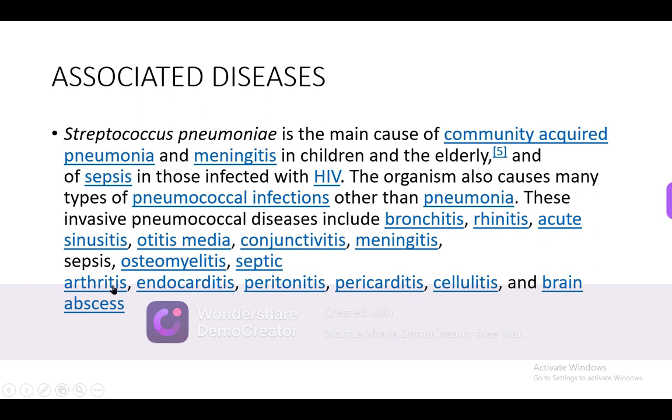Again, septic arthritis, endocarditis, peritonitis, pericarditis, cellulitis, and brain abscess. So in cases of spreading infection in the form of pyemia, it can locate in these specific areas mentioned. So it is multi-organ dysfunction syndrome, MODS. In the end, if you do not check it, it will spread like a wildfire.